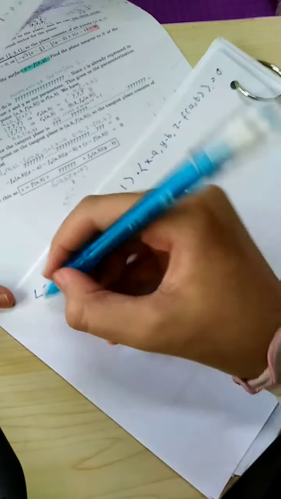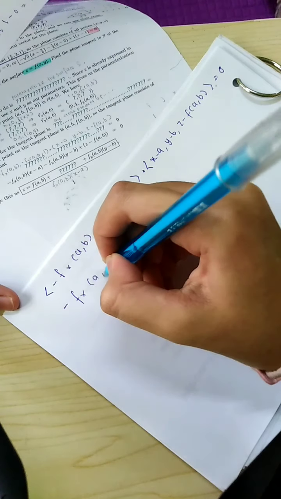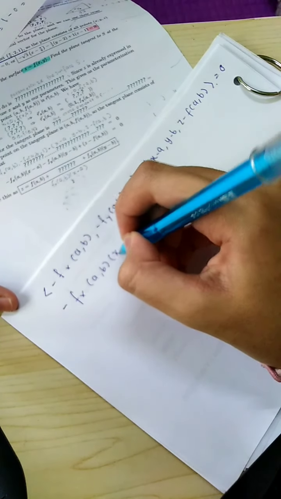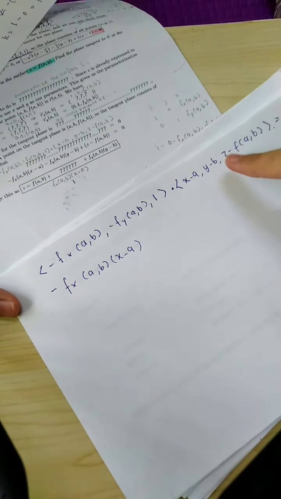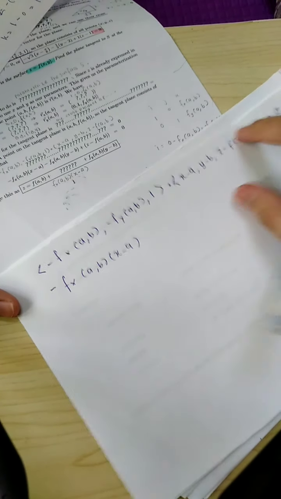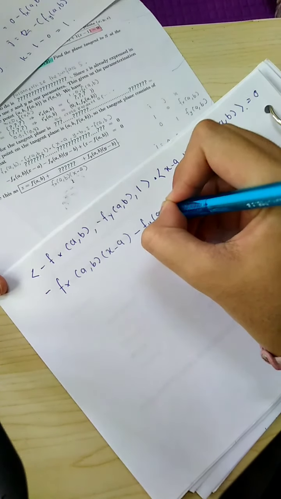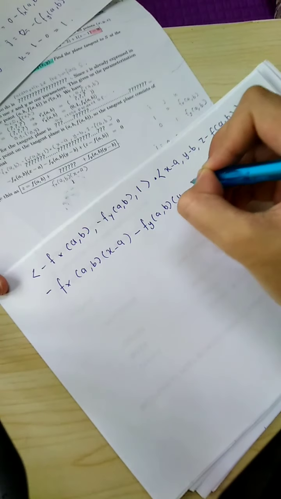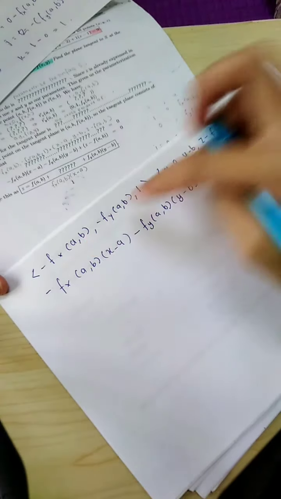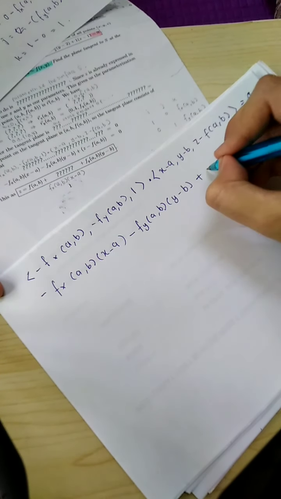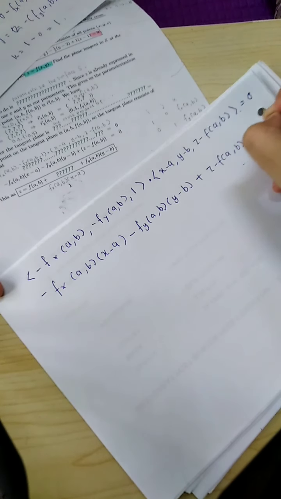Or we can write it like this: f x of a, b times x minus a, minus f y of a, b times y minus b, and plus 1 times z minus f(a,b) equals 0.